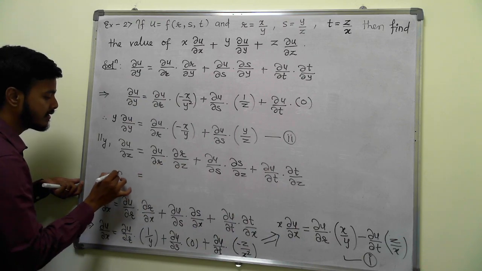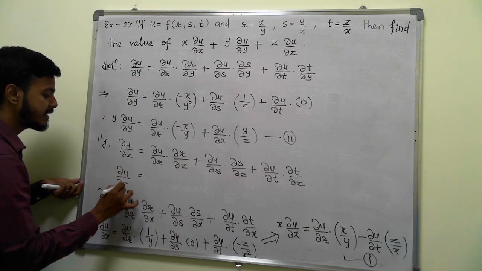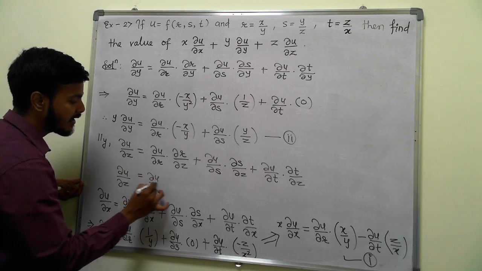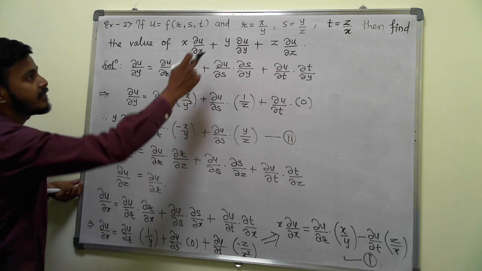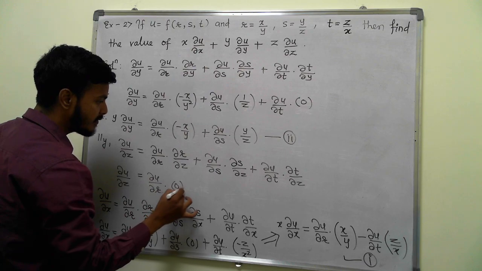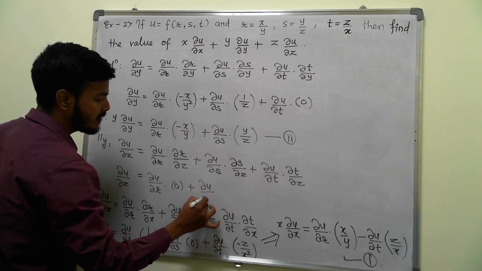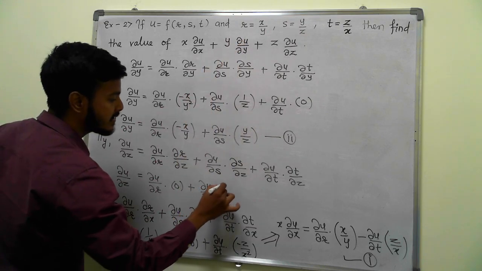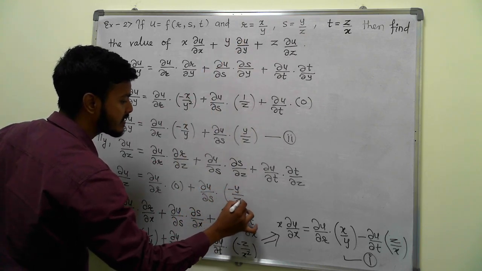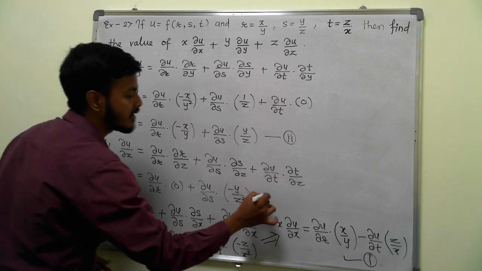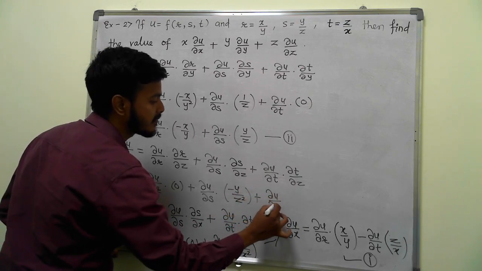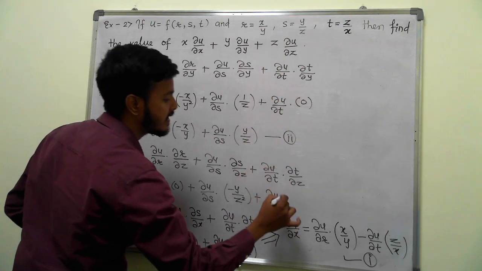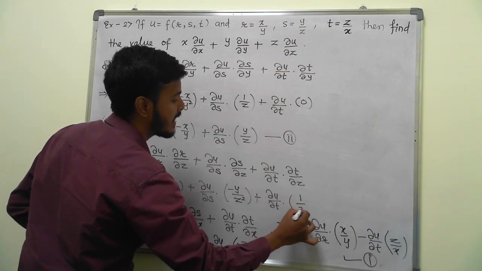So del u by del z is equal to del u by del r into derivative of r with respect to z, which is 0, plus del u by del s into derivative of s with respect to z, which is minus y by z square, plus del u by del t into del t by del z, which is 1 by x.